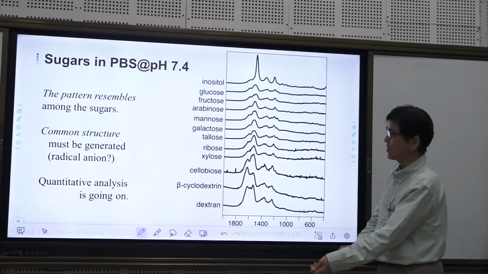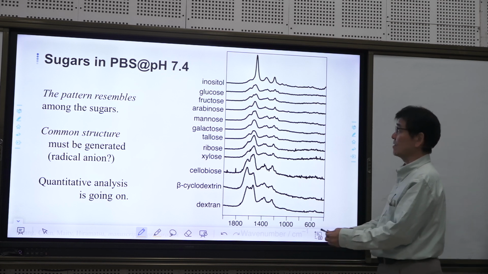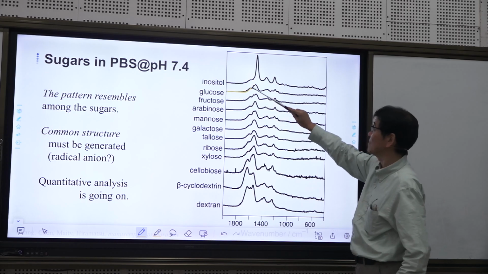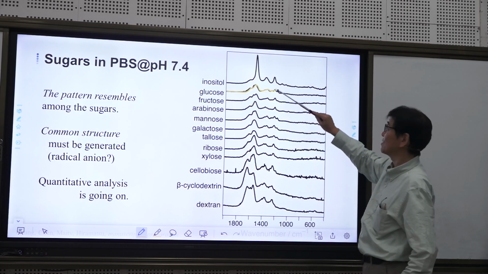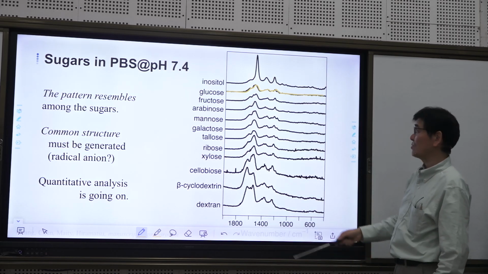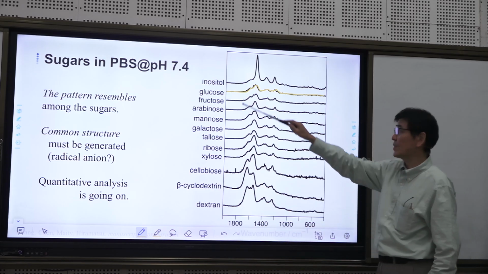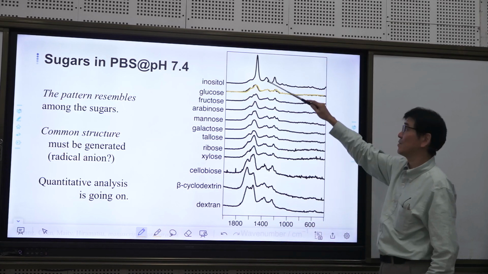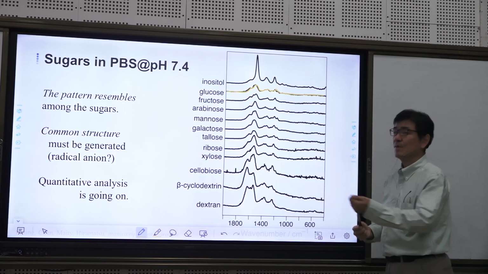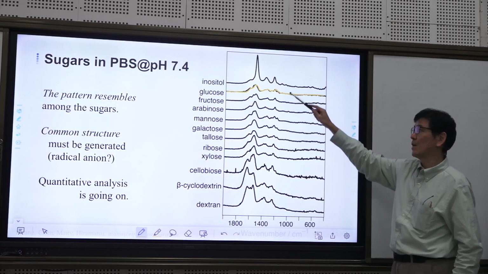Okay, so we started a study of glucose and obtained this result I introduced on the previous page. And already we moved to many other sugars, and irrespective of the sugar, they give almost the same intensity pattern. So probably the origin should be common among them.